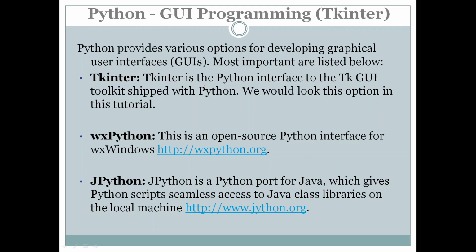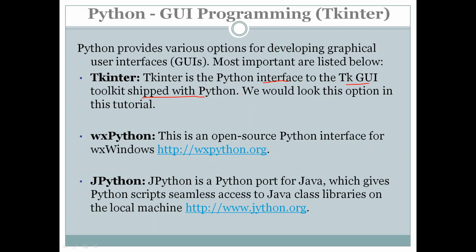So tkinter is a Python interface to the Tk GUI toolkit shipped with Python. We would look at tkinter in our subsequent sessions. As this is a default library shipped with Python, we will be studying tkinter to create GUI programs in Python.